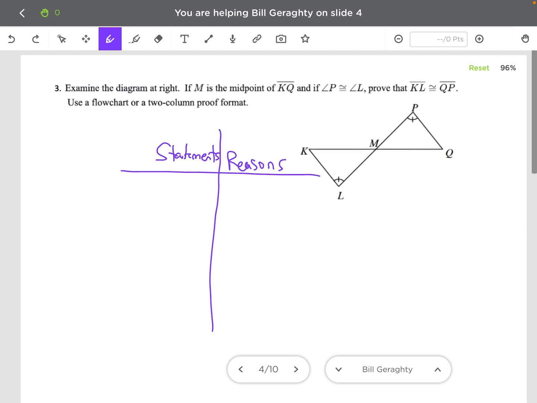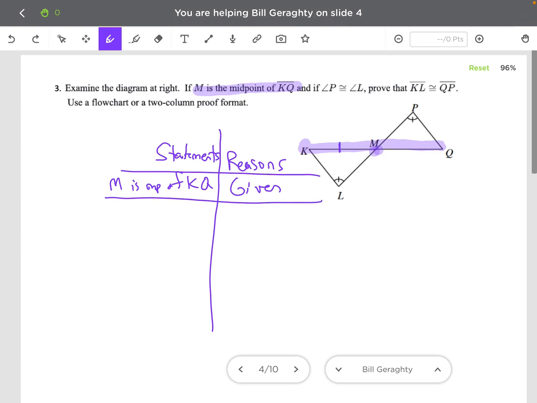Let's take a look at this. So they want us to prove that KL is equal to QP. So let's see what they're telling me. The first piece of information that they're telling me is that M is the midpoint of KQ. And so I'm going to write that down. M is the midpoint of KQ. And I know that because it's given to me.